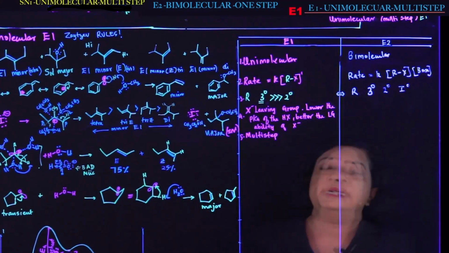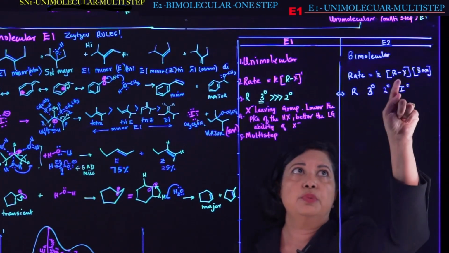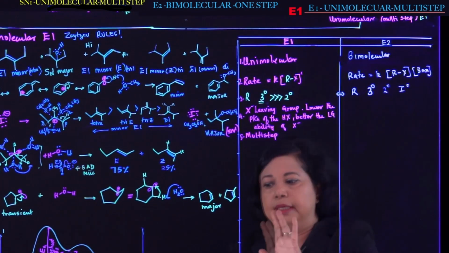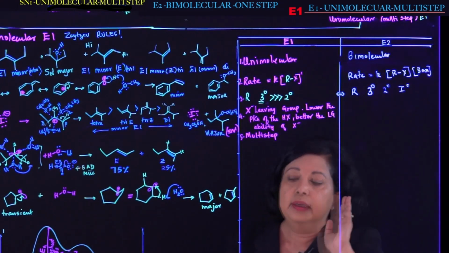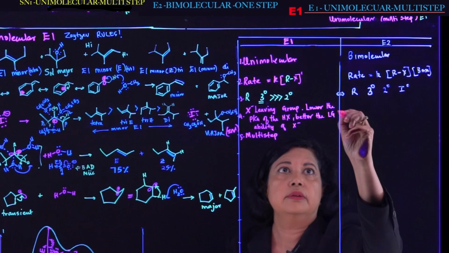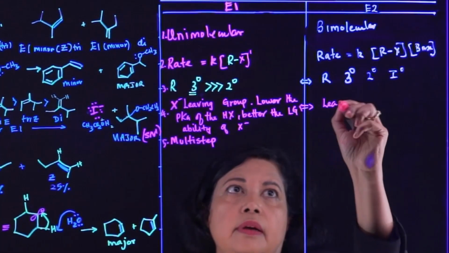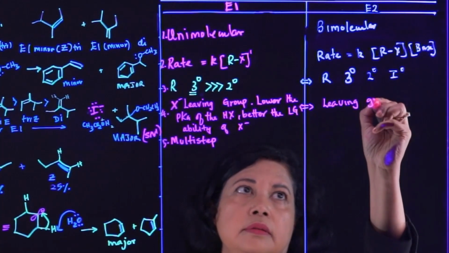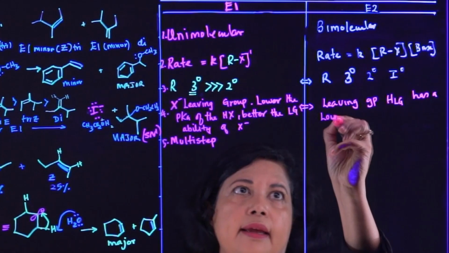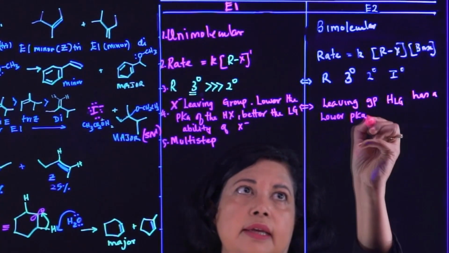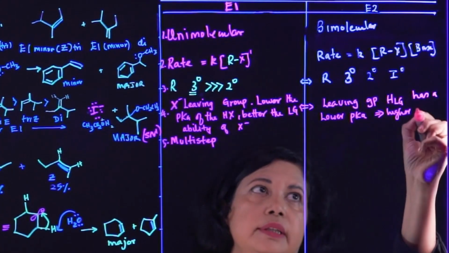Leaving group ability is the same for all four of them. They're always in the rate expression, and therefore a leaving group having a lower pKa for the HX is going to make that a better leaving group. So this is also the same. Leaving group has a lower pKa, that would correspond to a higher reaction rate.